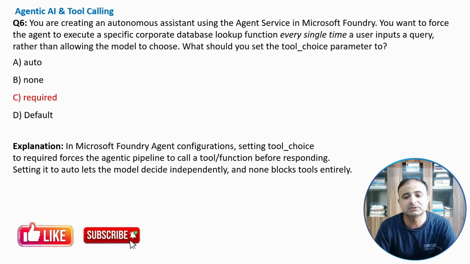What should you set the tool choice parameter to? The correct answer is required. Why? In Microsoft Foundry agent configuration, setting tool choice to required forces the agentic pipeline to call a tool function before responding, while setting it to auto lets the model decide independently.